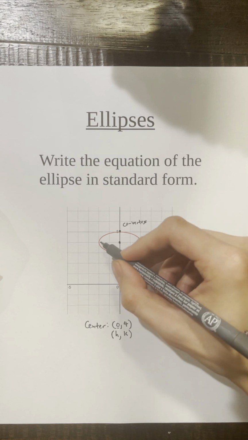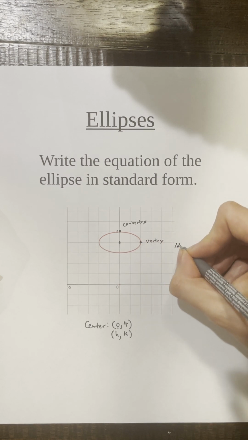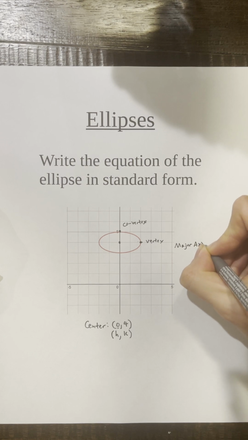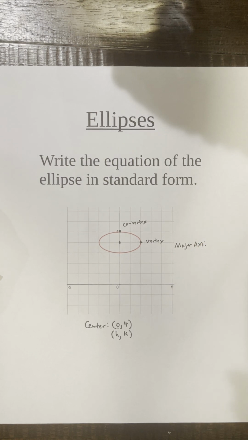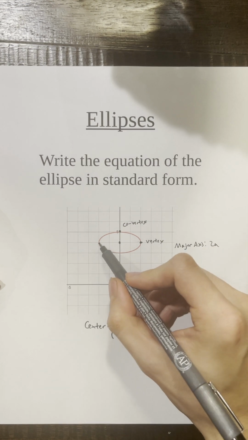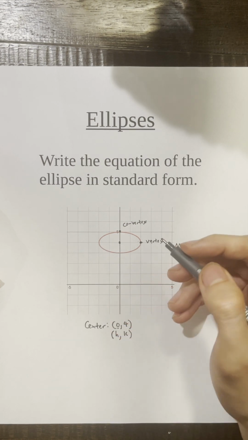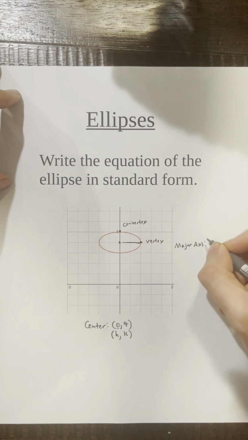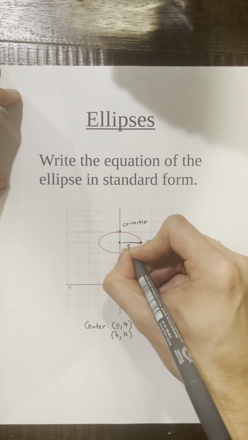But how long is the major axis in terms of a? How many a? 2a. So if this whole thing is 2a, how long is this? This would just be half of 2a, so just a.